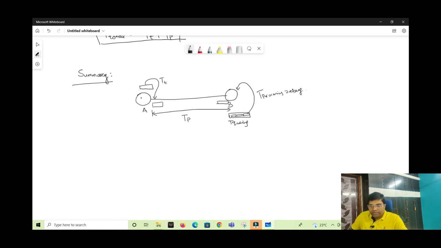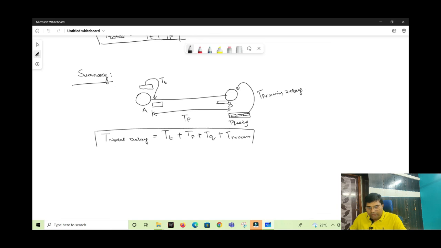So if you consider the total nodal time, or total amount of delay, we need to add all those: transmission delay, then propagation delay, then queuing delay, then processing delay. This is the total delay.